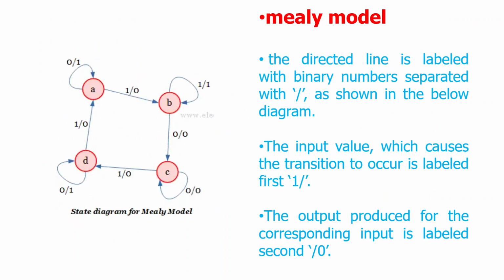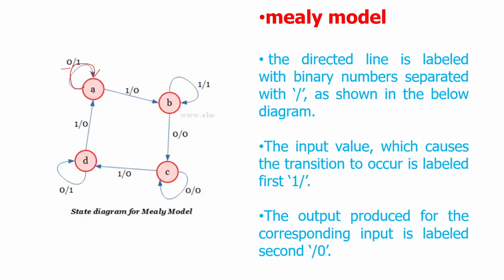Now let us see the Mealy model and the Moore model. First, the Mealy model. This is the state diagram. Here there are 4 states A, B, C, D represented by 4 circles, and the directed lines represent transitions. The present state is A. For input 0, it remains in the same state A and produces output 1.